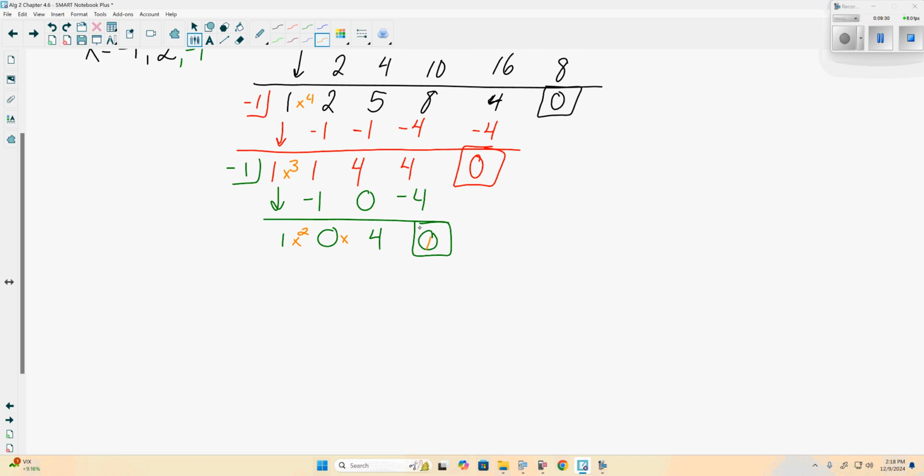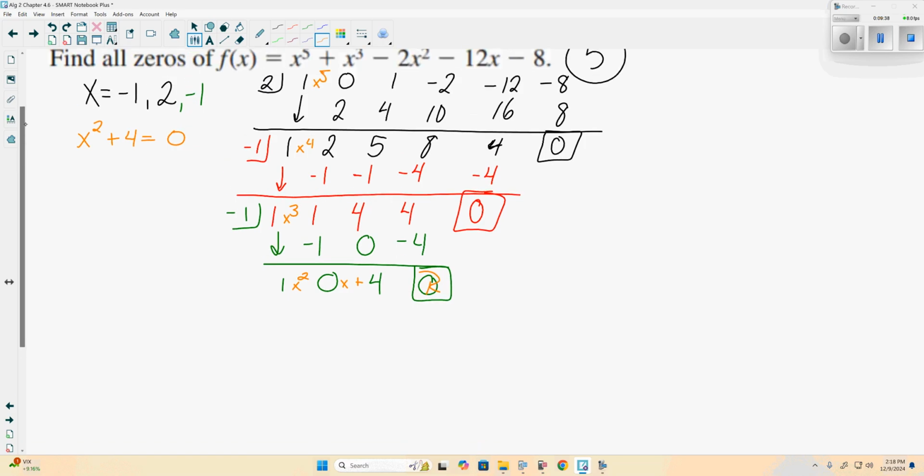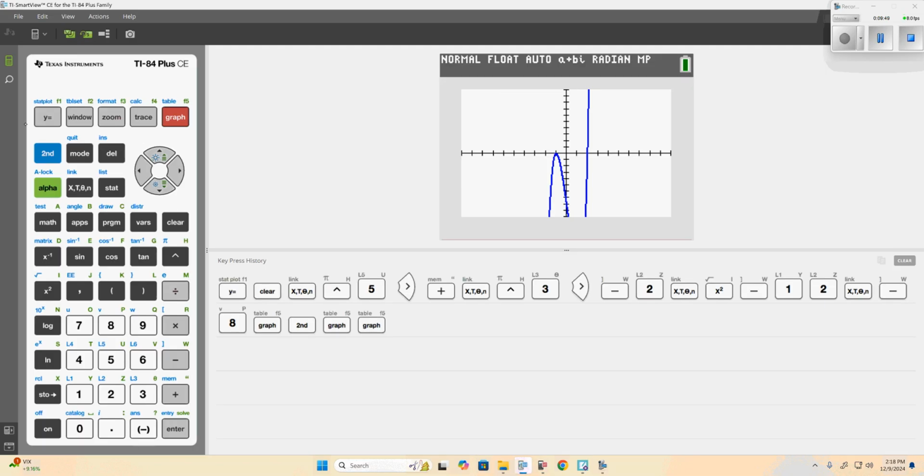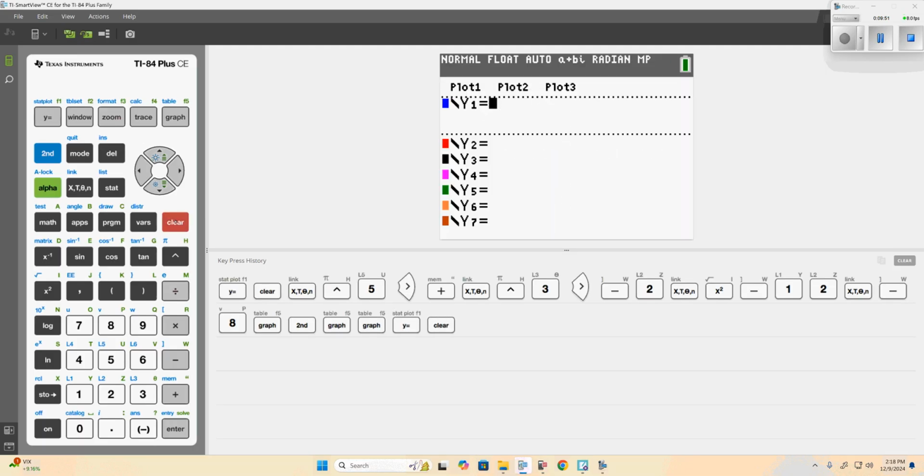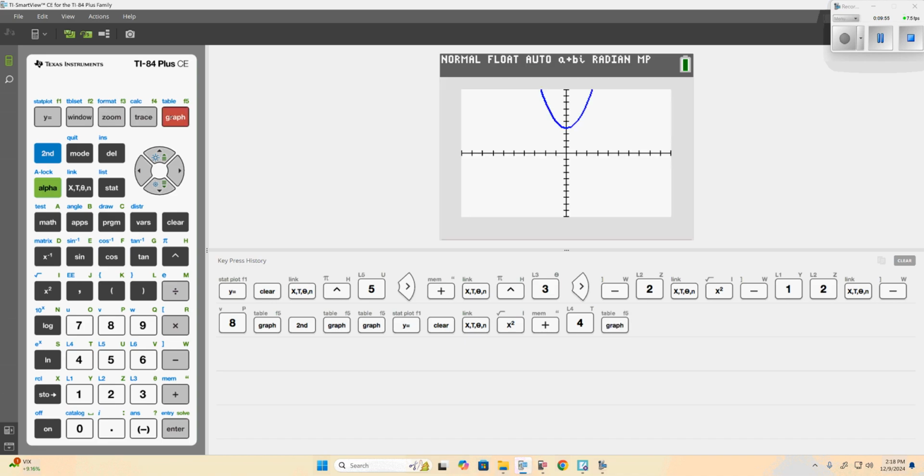And if we put the variables back, what we're left with is x squared plus 4 is equal to 0. Questions on how we got to this point here? Now, one thing we could do here is I can grab the graphing calculator, clear that out, and say x squared plus 4, graph it, see where it crosses the x-axis, because wherever it crosses the x-axis is the solutions.